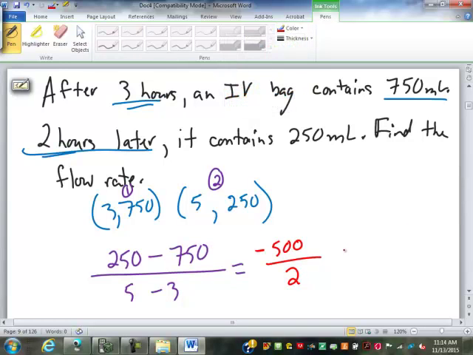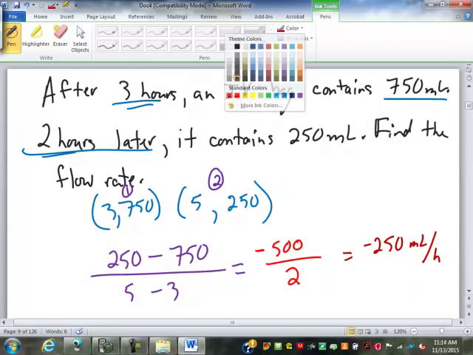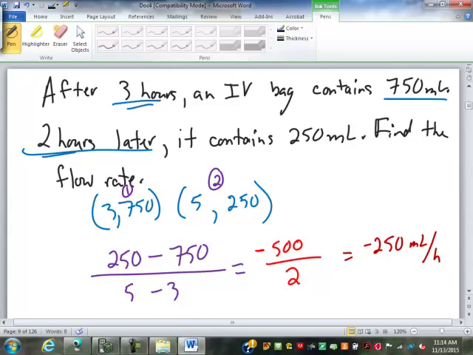So that divides out to give us a negative 250 milliliters per hour. Now I realize in real life, it's just 250 milliliters per hour. It's negative here because we're describing the volume in the IV bag. So the flow rate would technically just be 250 milliliters per hour.